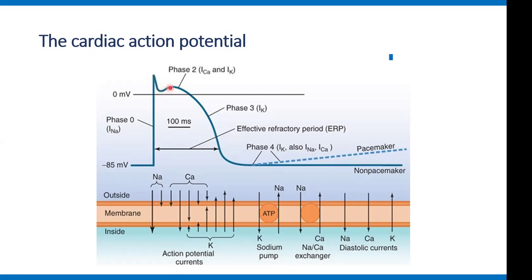And around this time, you have the calcium channels that are open in phase 2. And then you also have potassium channels that are also being open. And the counterbalance between the calcium and the potassium ion channels gives us the plateau phase of the cardiac action potential.